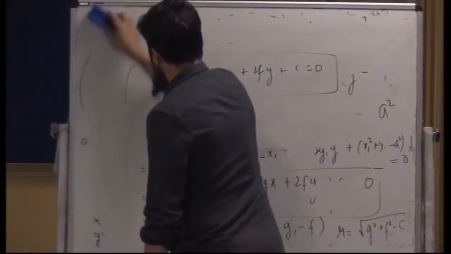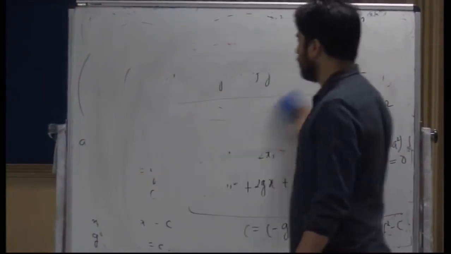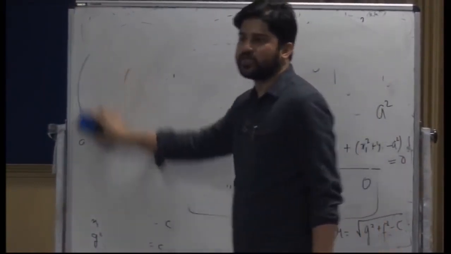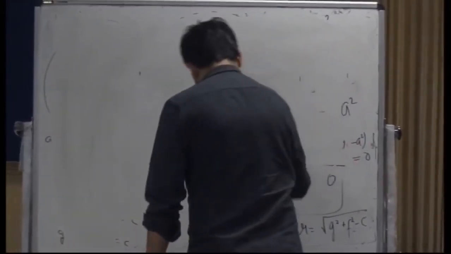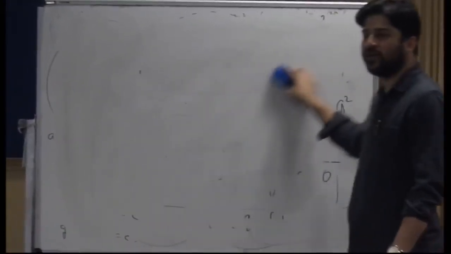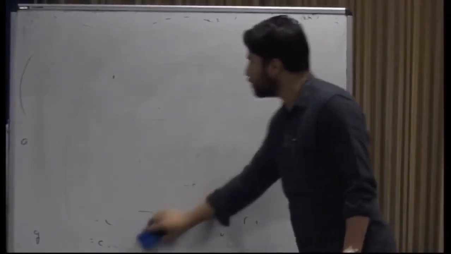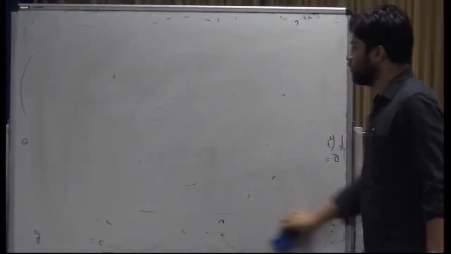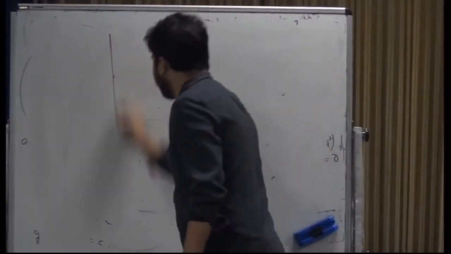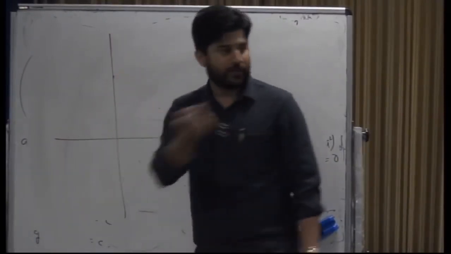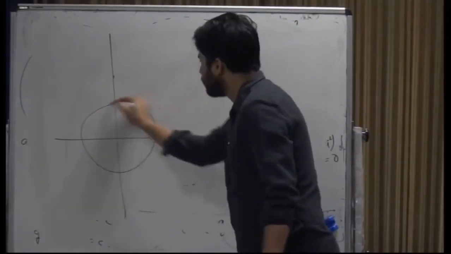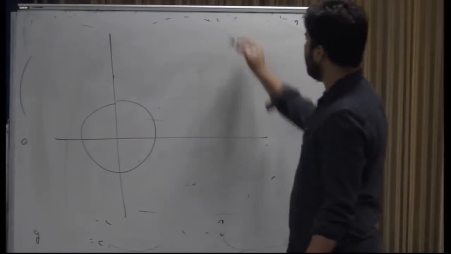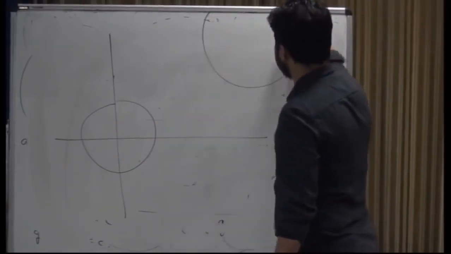Now let's try to see on this graph. Should I write? Okay, for writing an equation of circle, what two things you need? Center and radius. Good. The moment you have center and the moment you have radius, you can write your equation. So this is your unit circle and this is your bigger circle, right?